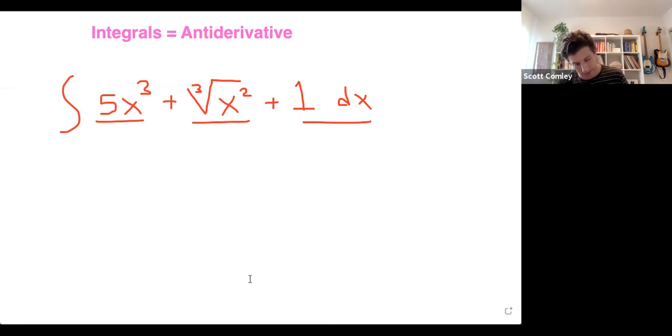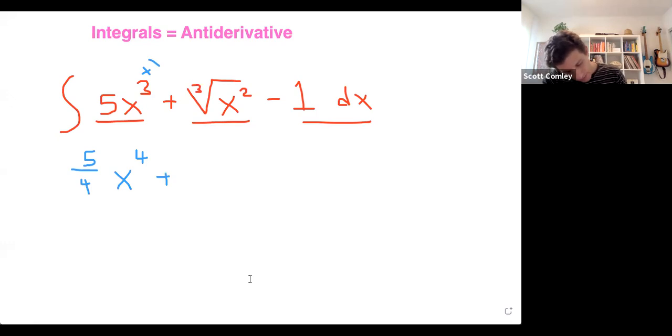Actually, let's make this a minus just to make things fun. Every part is separated by a plus or minus, so just like in a derivative, you do it in separate parts. So let's add 1 to this. That would be x to the fourth, and it would be 5 over that new number.